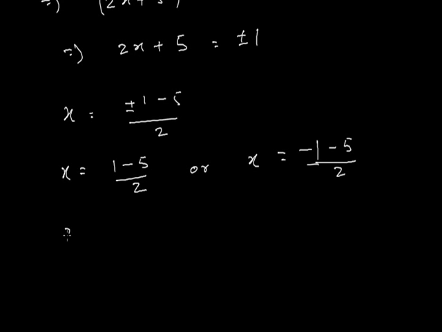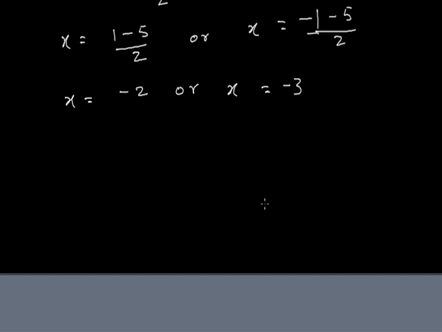Here we get the values of x as minus 2 and minus 3. So our roots are minus 2 and minus 3. We will later discuss the topic of nature of the roots.